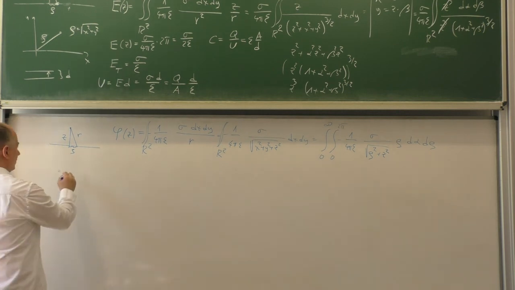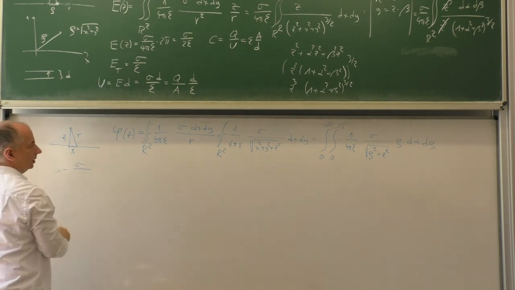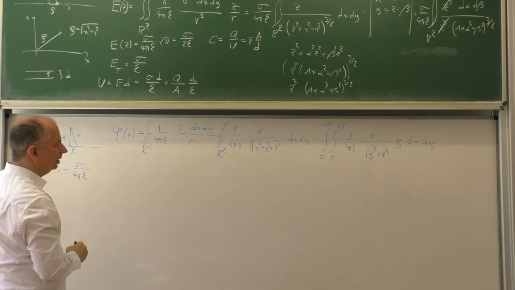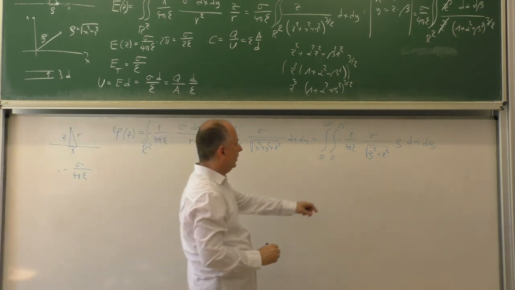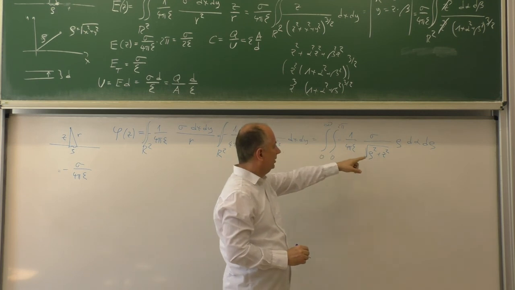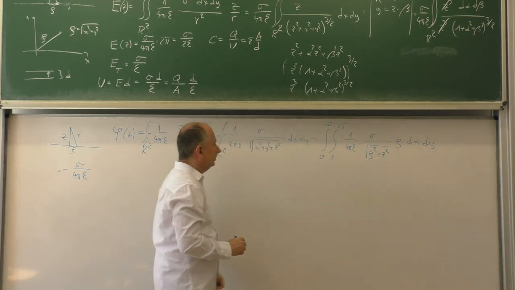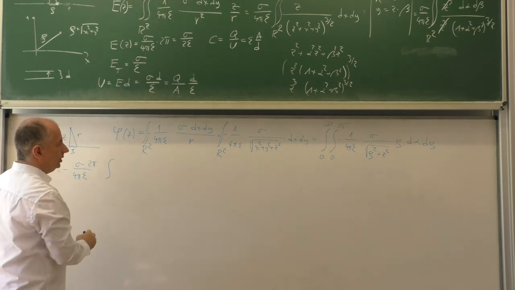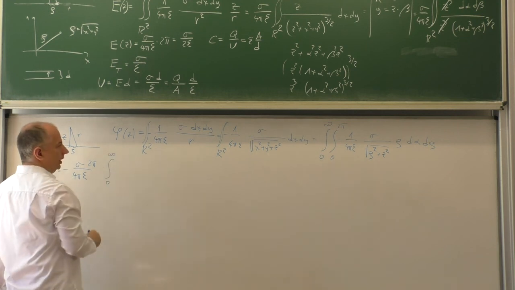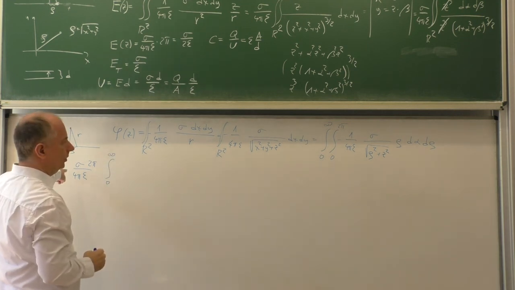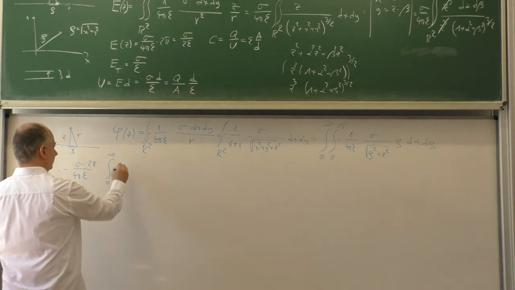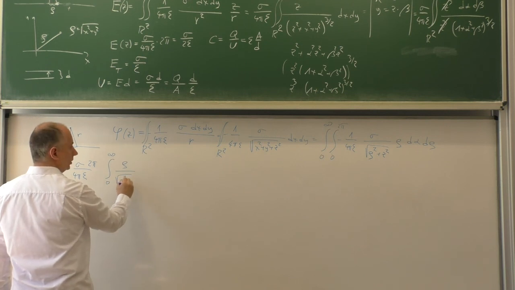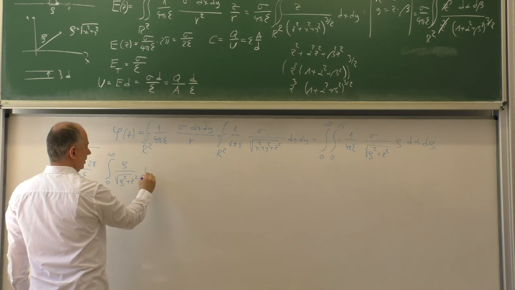So we have minus sigma over 4 pi epsilon. We can integrate over alpha, which gives 2 pi, and just the integral from 0 to infinity remains, and we have rho divided by square root of rho squared plus z squared d rho.